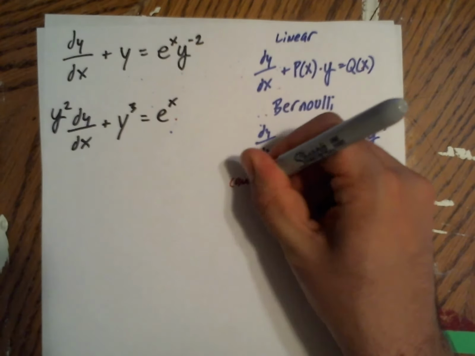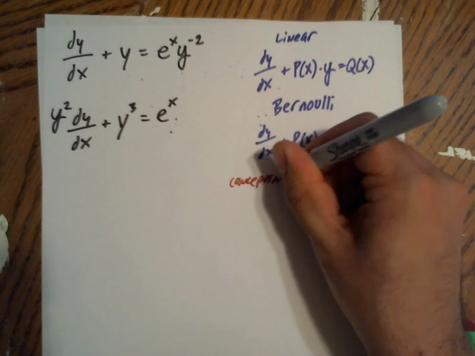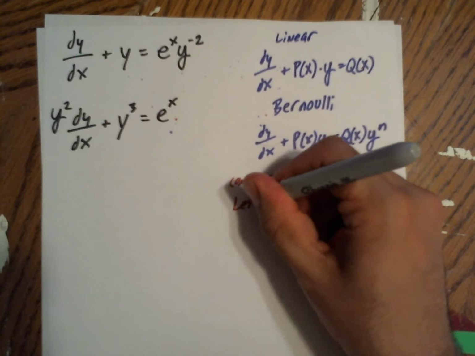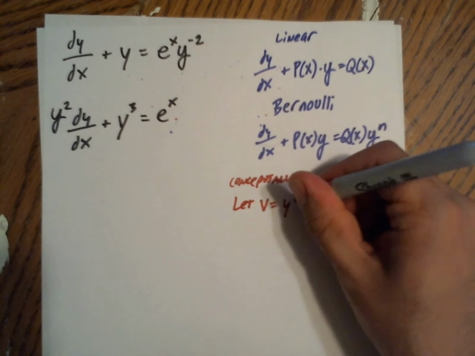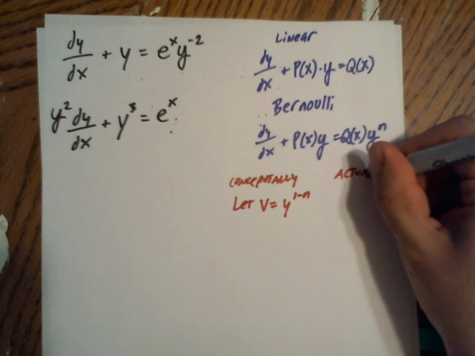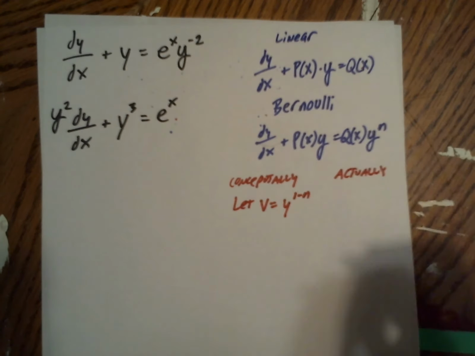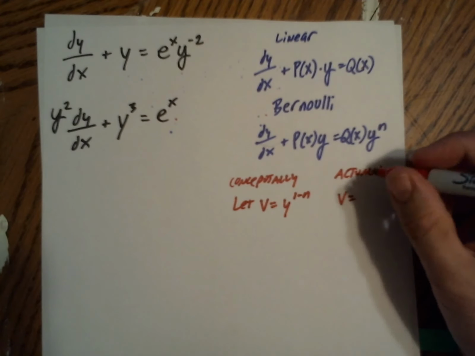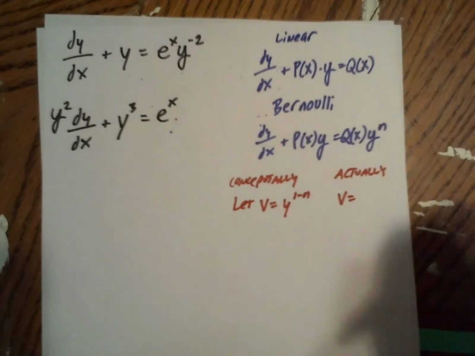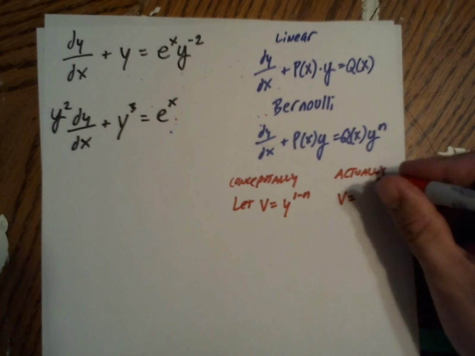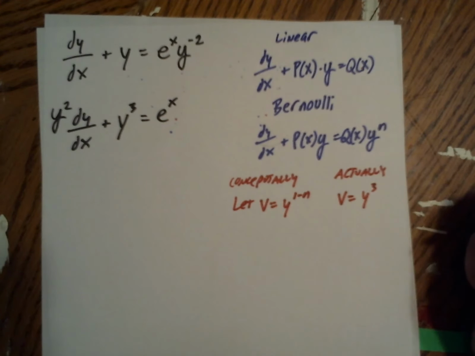Conceptually, what the book says is let v equal y to the 1 minus n. Specifically for us, our n was -2, so 1 minus -2 would be 1 plus 2, so our v is going to be y cubed.